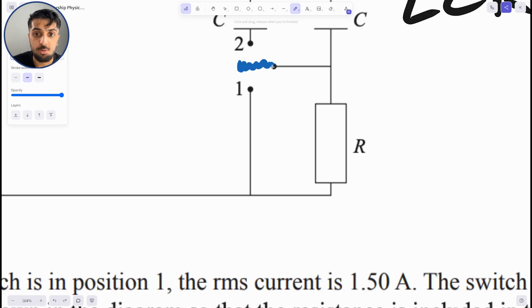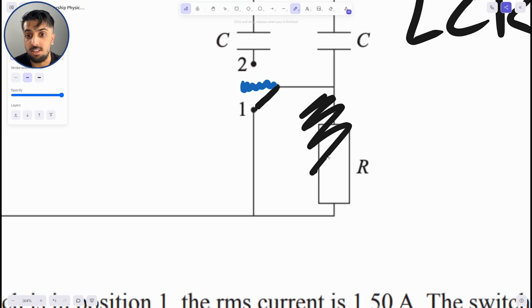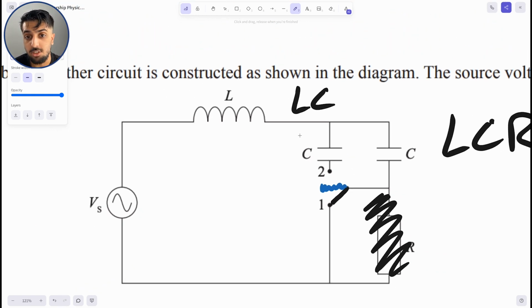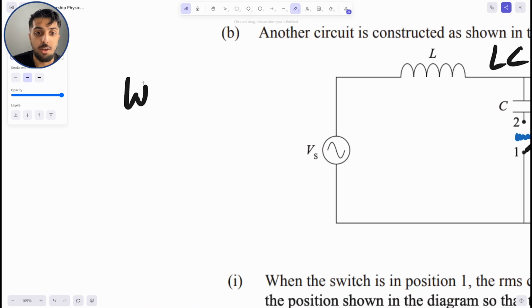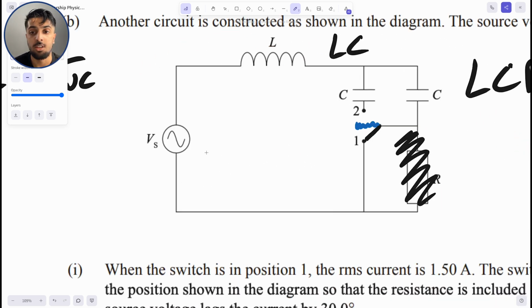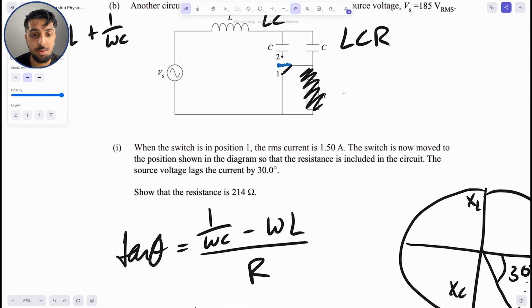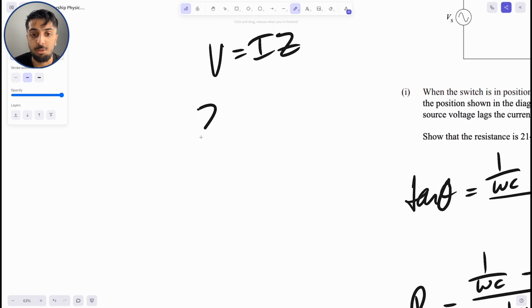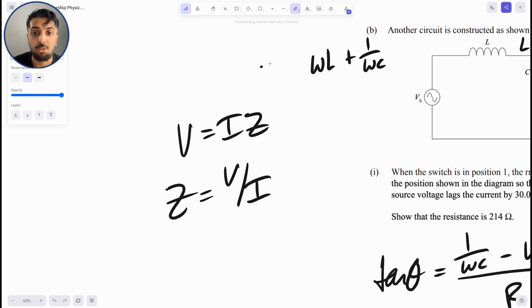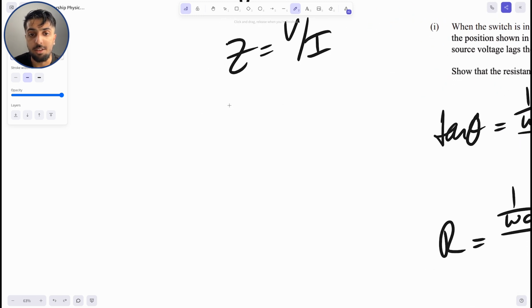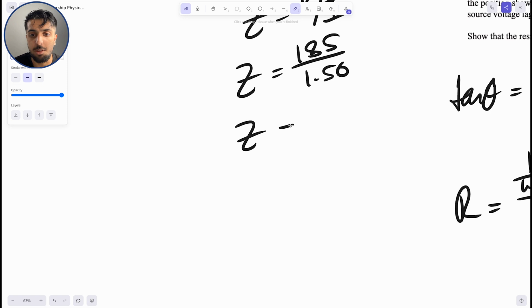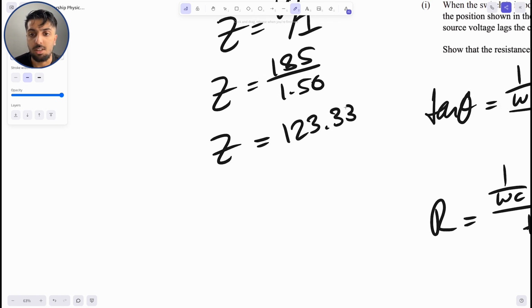Well, as stated previously, the switch was not in this position, and in fact it was connected like so. And therefore you can see that the resistance is effectively removed from the circuit, and this is now just an LC circuit. And so the total impedance in this case is omega L plus 1 over omega C. So as we know the voltage and we know the current when it was in position 1, as V is equal to IZ, our Z is V over I. Therefore, total impedance is equal to 185 over 1.5, and that gives us a total impedance value of 123.33 ohms.